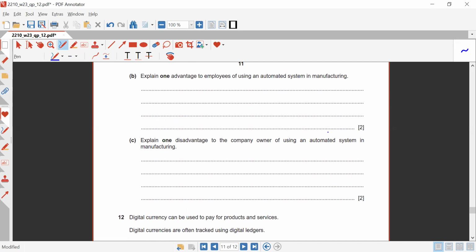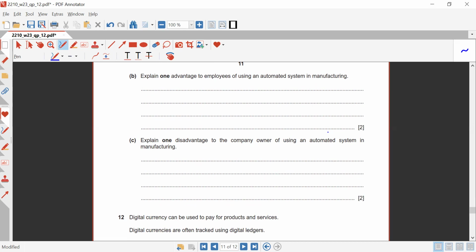Now they are saying explain one advantage to the employees of using an automated system in manufacturing. They are saying to the employees, not to the manufacturer or the company owner.